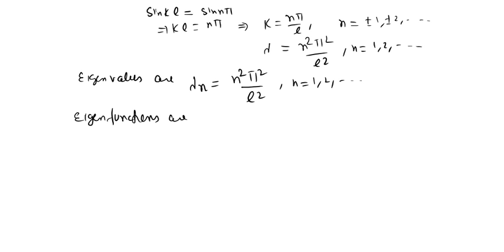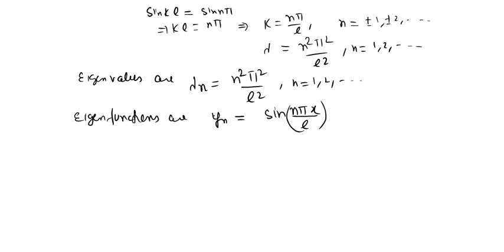So eigenfunctions, you can write them as y n or phi n, whatever you want, are sine kx, where k is n pi x by L. Okay, so these are the eigenfunctions. By taking n equal to 1, 2, 3, you get different ones: sine pi x by L, sine 2 pi x by L, etc.